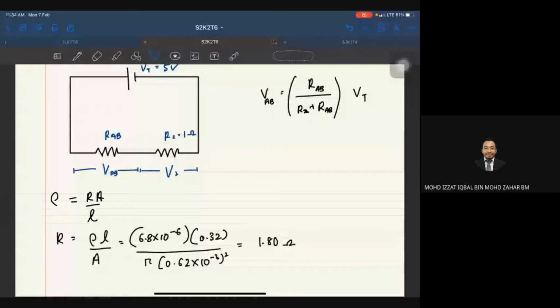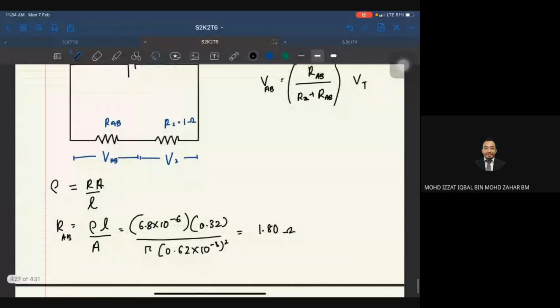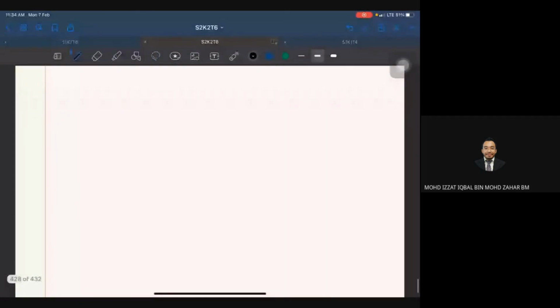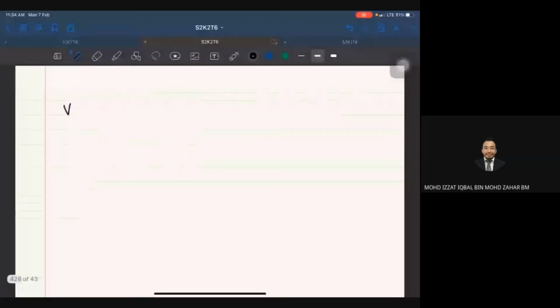So the next step, obviously, you have to use the equation for potential divider. So VAB equals to RAB, which is 1.8, divided by 1 plus 1.8. Okay, and then you have to multiply with the terminal voltage, which is 5 volt.